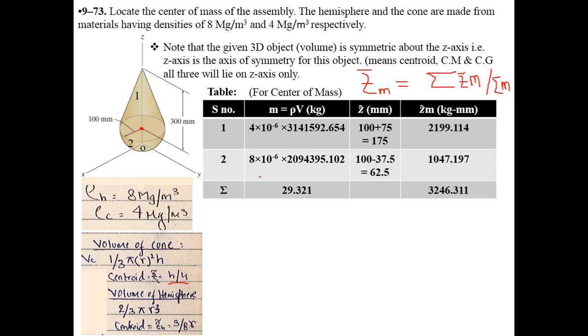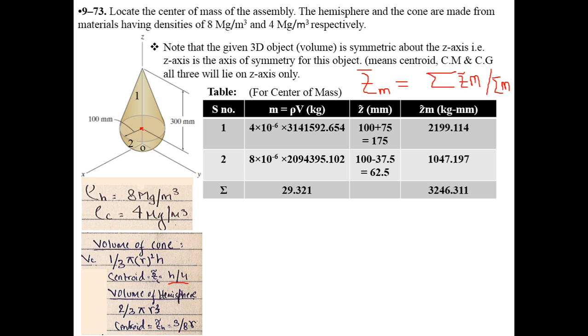And so therefore, moving on to the hemisphere, we have to calculate the centroid of the hemisphere as well. That centroid of the hemisphere will be measured from this red point, and that is equal to 3 by 8 of r. 3 by 8 multiplied by the radius of the hemisphere. Okay, that is 37.5.